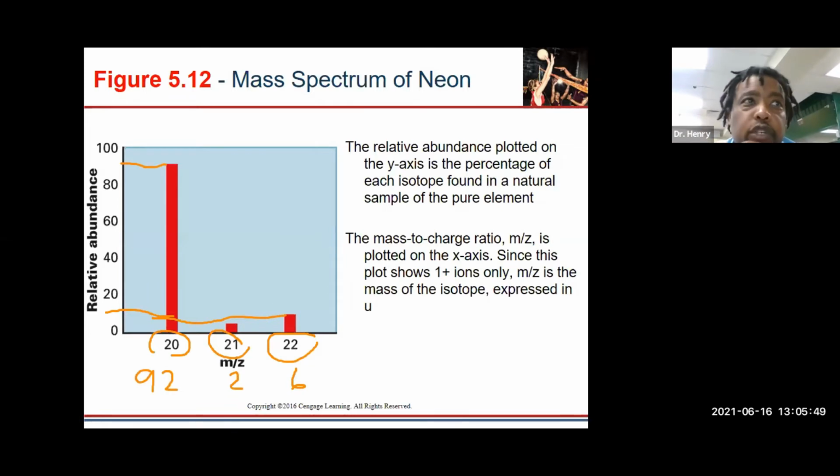So if this guy is 92%, its mass is 20. So if we multiply 0.92 times 20, that equals 18.4.